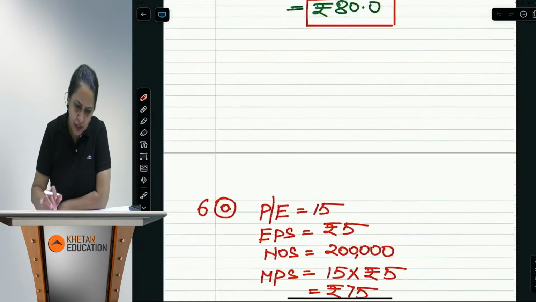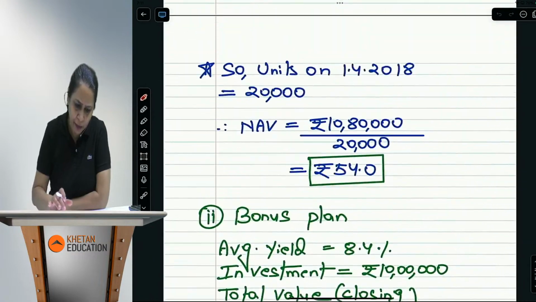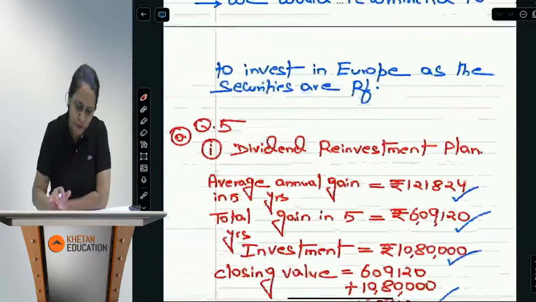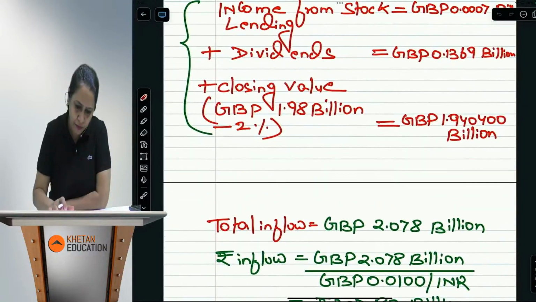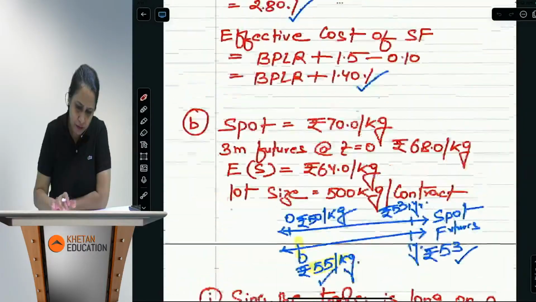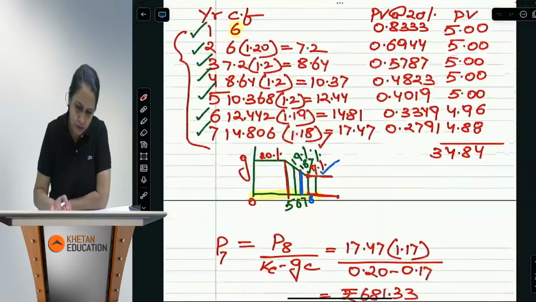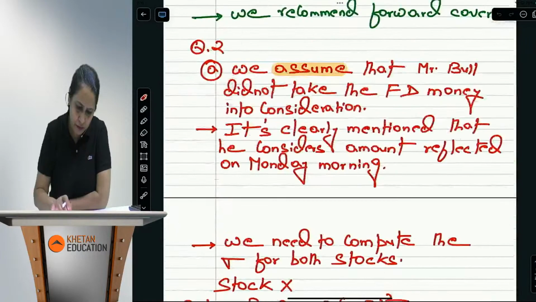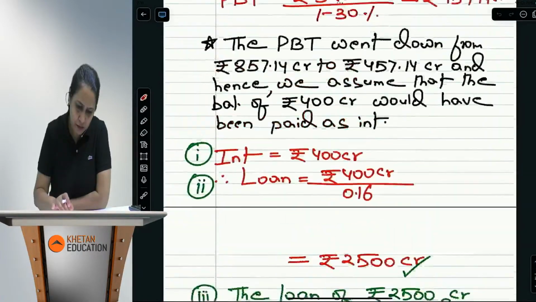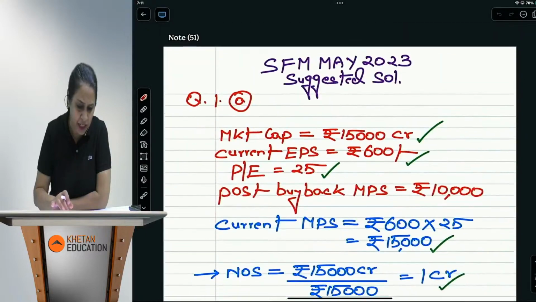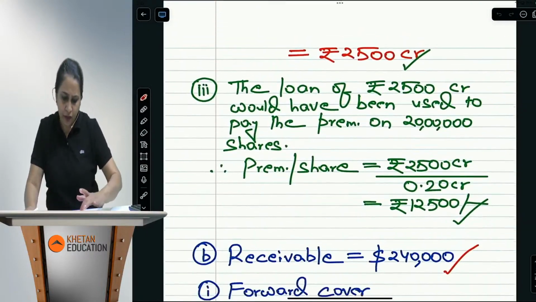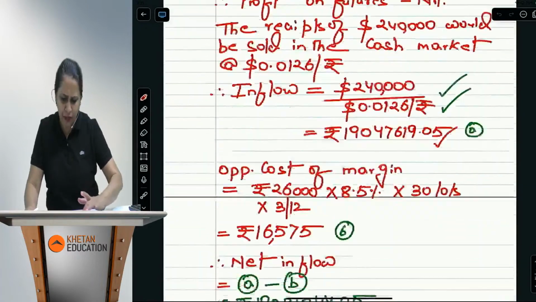I don't know where is this answer. I don't know where will I get. I prepared this thing. Where is that? I don't know. Which question number? I'm not able to find, but that has to be May 23 question only. Okay, give me a second, please.